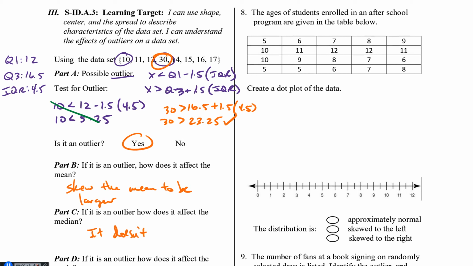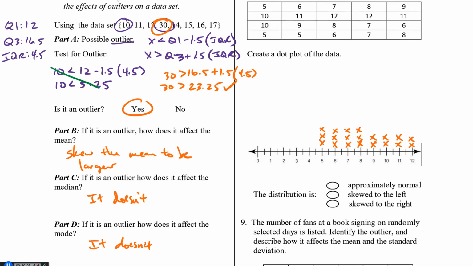All right, number 8. Create a dot plot. So we're going to go through. We should have 3 5s, 3 6s, 3 7s, 3 8s, 2 9s, 2 10s, 2 11s, and 2 12s.